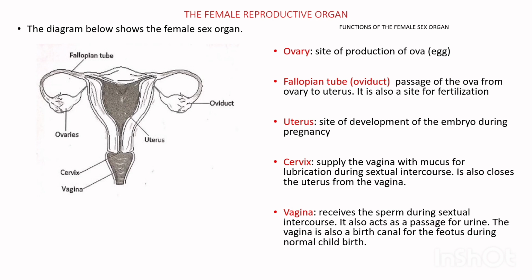We can also say that's where sperm are deposited. Once sperm are deposited at this position, they start swimming upwards towards the fallopian tube to meet with the ova, so that fertilization could take place.